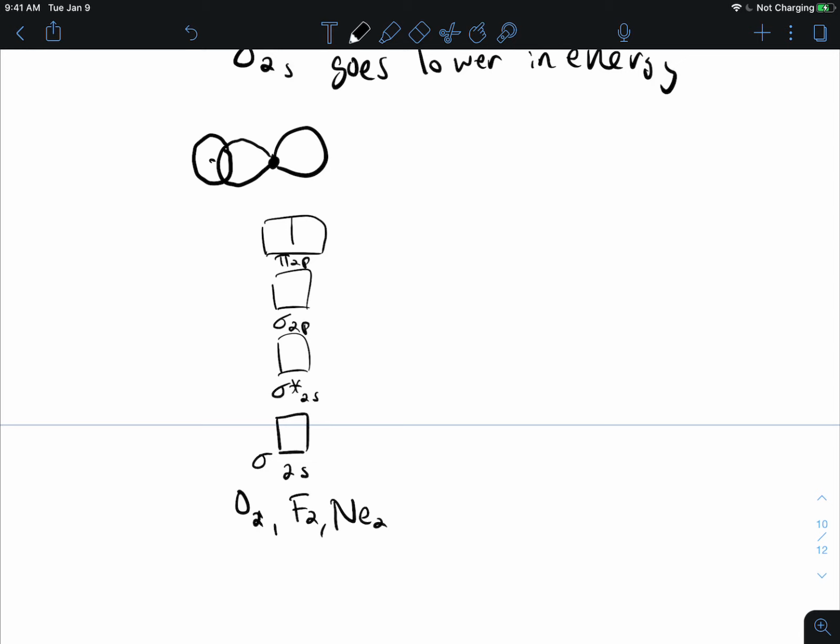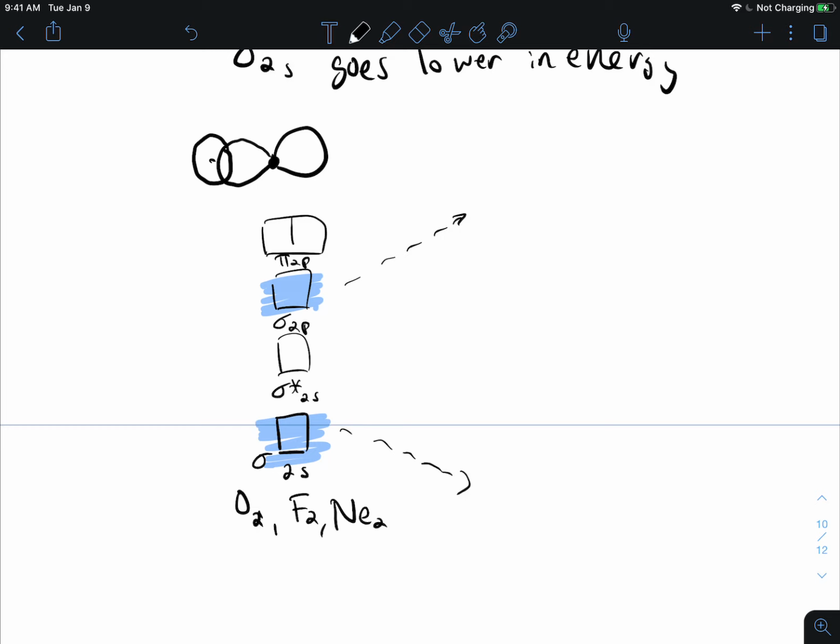For our larger, earlier period elements, or diatomics, these two will interact, and this will shift up in energy, this will shift down in energy.